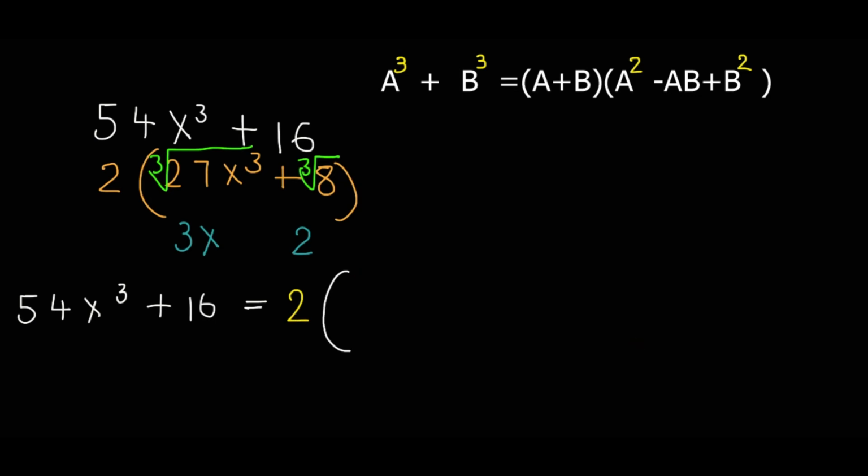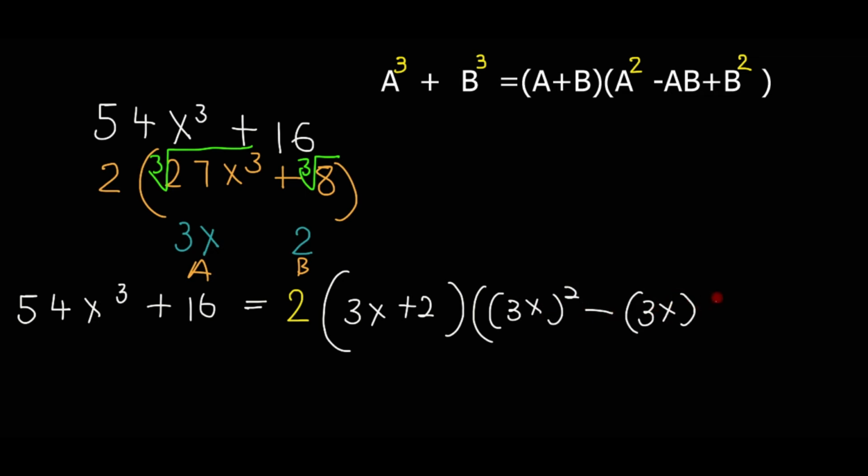And then remember gore this is our A and then this is our B. So e rela gore this is 3x plus 2, and then a squared, this is 3x squared minus, and then a is 3x, and then our b is 2, and then 2 squared, and then from there I can simplify.